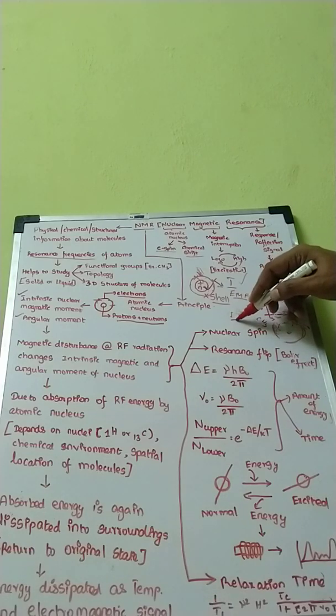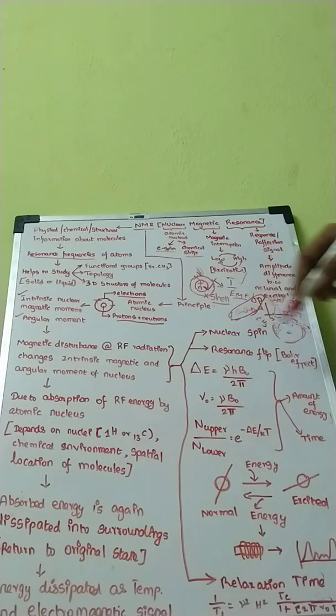If I study the organization of individual molecules, I study the structure of the entire macromolecule. That's the third core aspect behind studying resonant frequencies of atoms in a molecule. So I can construct a 3D structure of a biological macromolecule as well as a chemical molecule. Okay, fine.